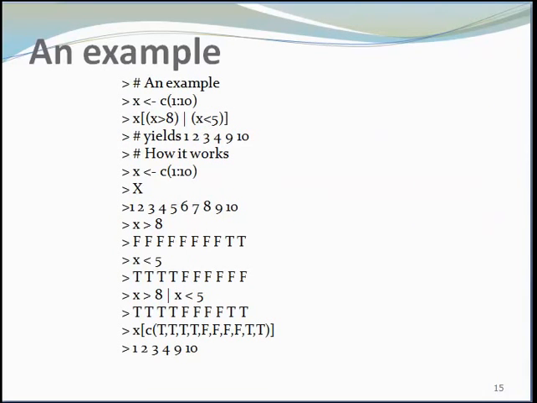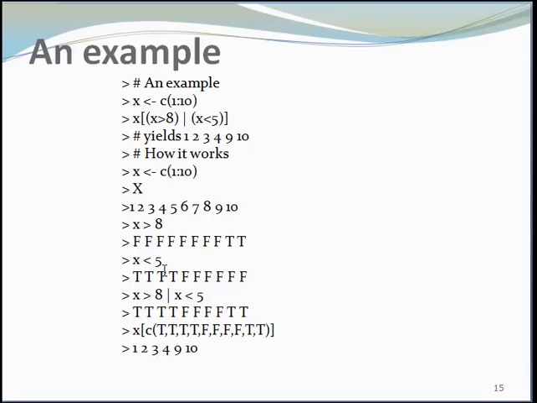Here is an example. In this example I am creating a row vector named x from 1 to 10. The x values will be from 1 to 10. In this row vector I'll find out how many elements are greater than 8 and how many are less than 5. The elements greater than 8 are only 9 and 10, so we will get all false and only 2 true, 9 and 10.